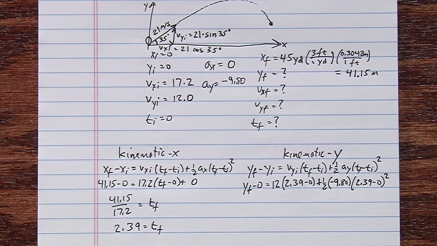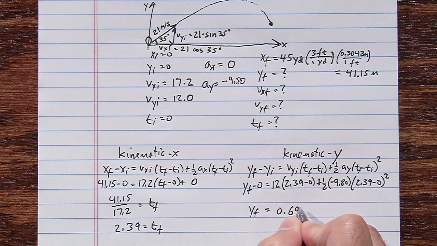And so we have Y final is equal to 12 times 2.39, plus 1/2 times negative 9.80 times 2.39 squared, and we get Y final is equal to 0.691 meters. So Y final is 0.691 meters.